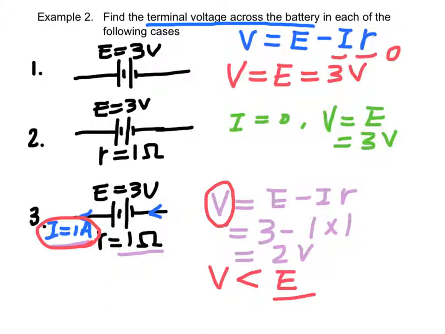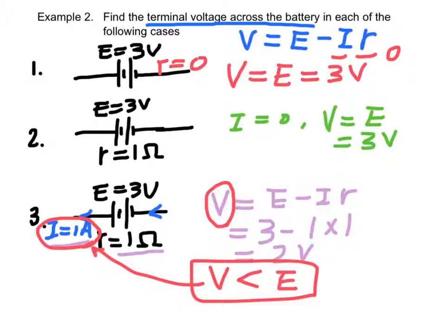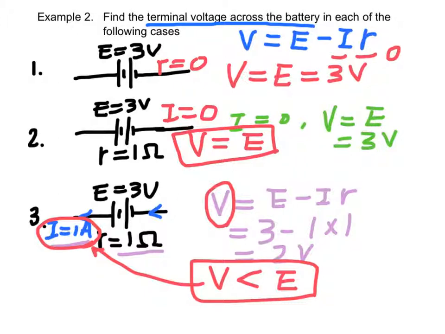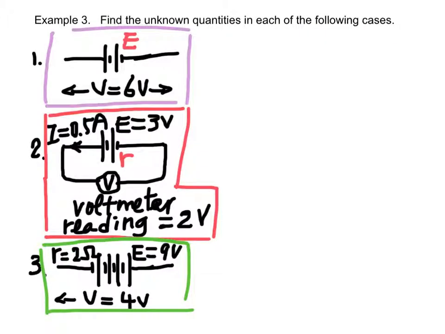This must be true when there is current. When there is low internal resistance or there is low current, the terminal voltage across the battery will be equal to E, the EMF of the battery, by V equal to E minus Ir.